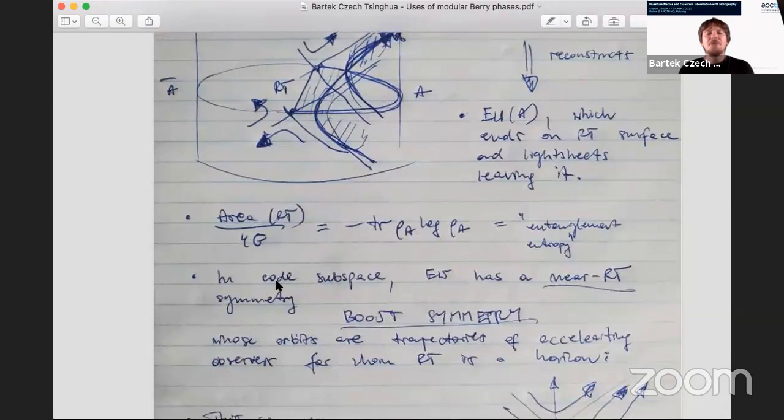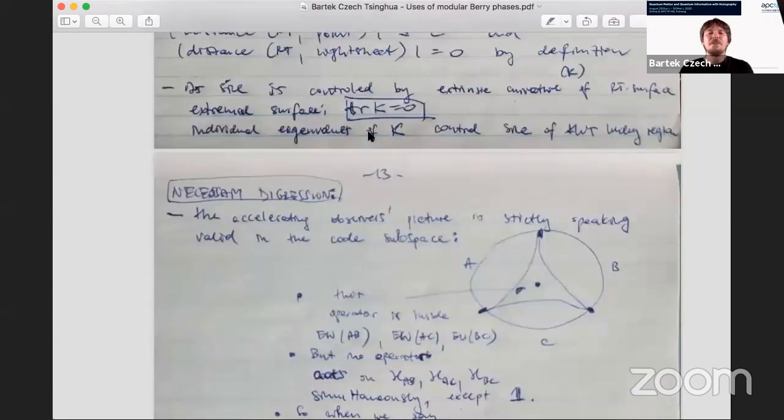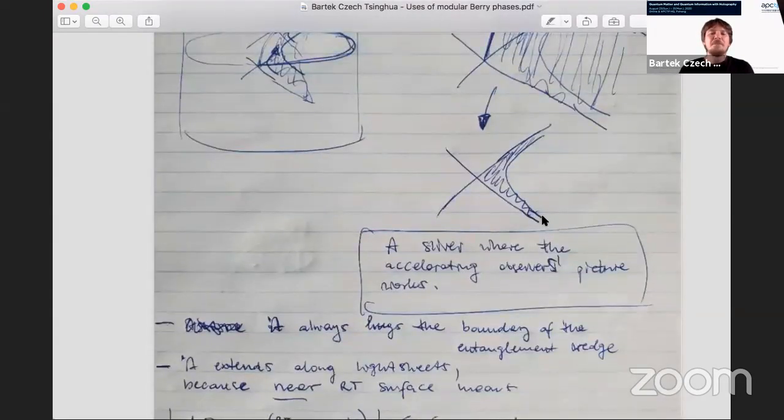And we further know that in the code subspace, the entanglement wedge has a near-RT-surface symmetry. That symmetry ceases to be a good symmetry away, but close to the RT surface, there is a symmetry, which is just a symmetry of this picture. This picture, as is well known, has an SO(1,1) symmetry, which corresponds to the boosts that keep this point fixed.